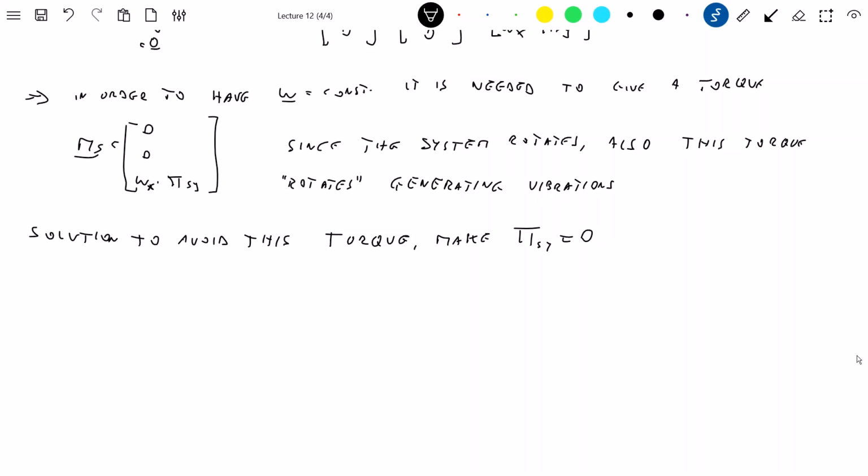So let's consider this case. We have our shaft here, and we have our, oh, maybe I have to tilt the board to make it.